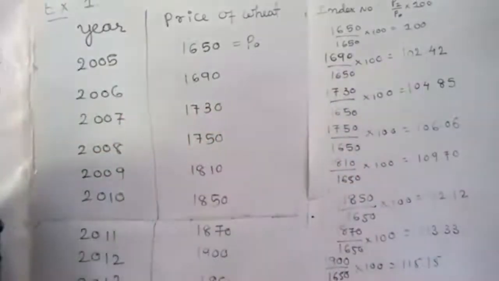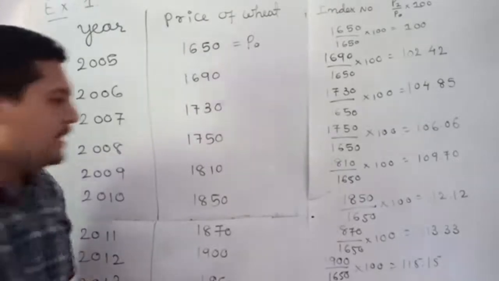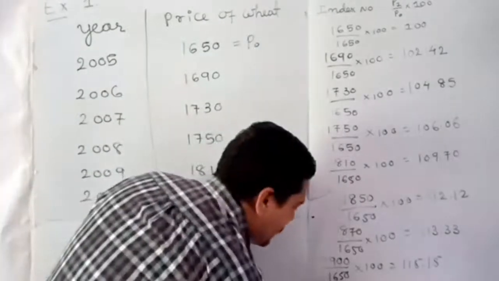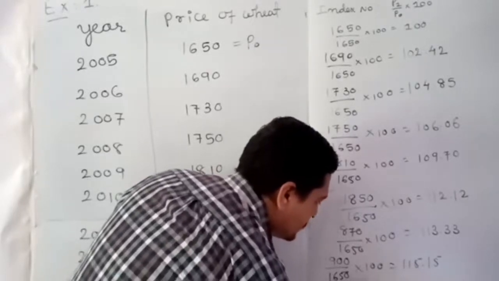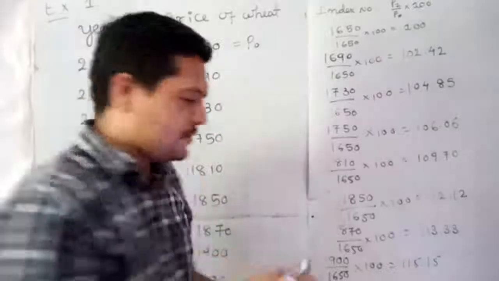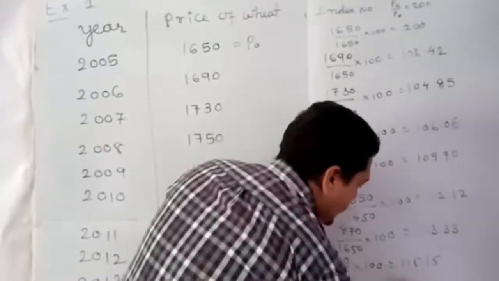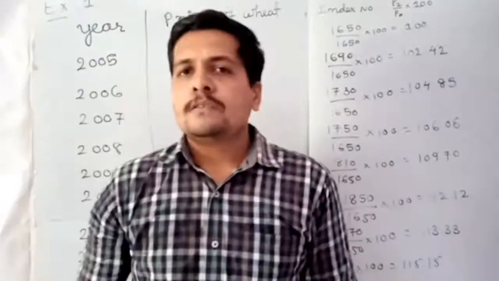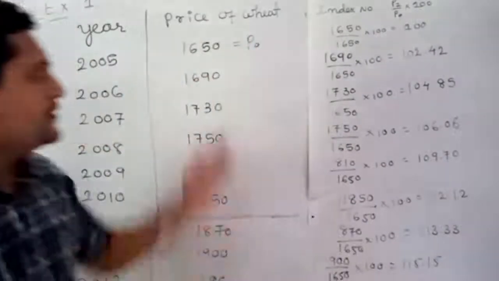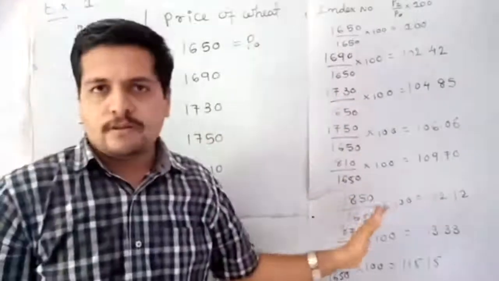And last, for year 2013, 1950 divided by 1650 into 100. So the answer is 118.18. Now just analyze this question.